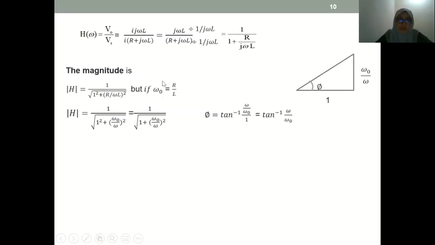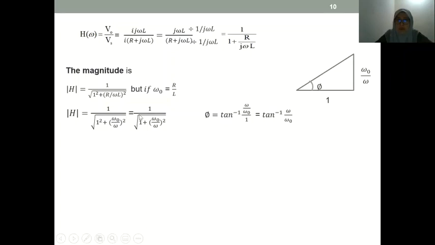Here we assume omega naught is equal to R divided by L. Then when you substitute R divided by L equal to omega naught, your magnitude is 1 over square root of 1 squared plus omega naught divided by omega, squared.